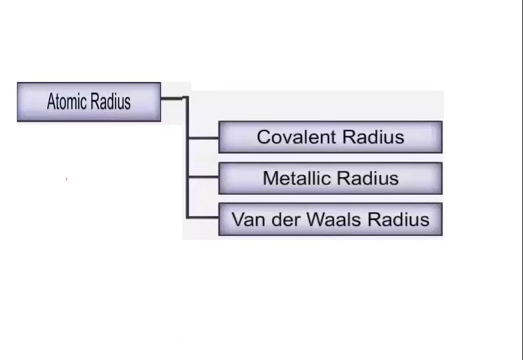There are certain ways by which we can calculate the radii, and as per that atomic radius has been divided into three parts, mainly covalent radius, metallic radius, and van der Waals radius. In order to analyze this atomic radius we will go through these one by one.